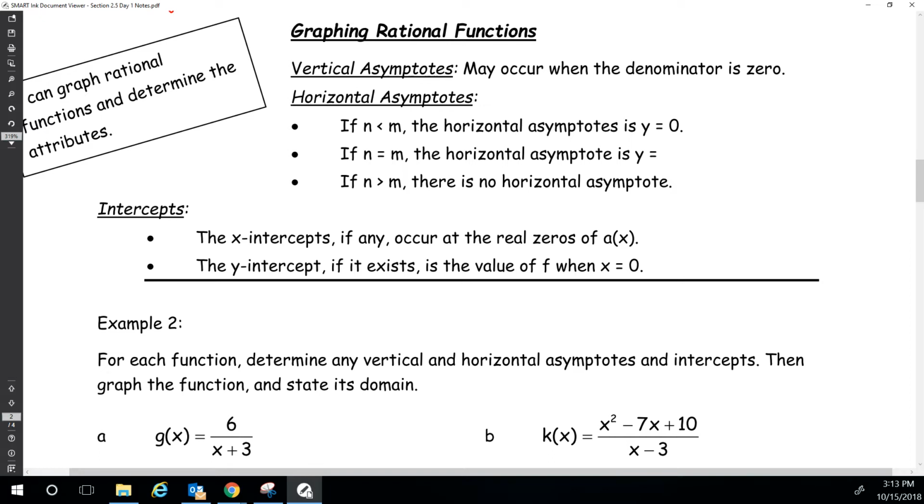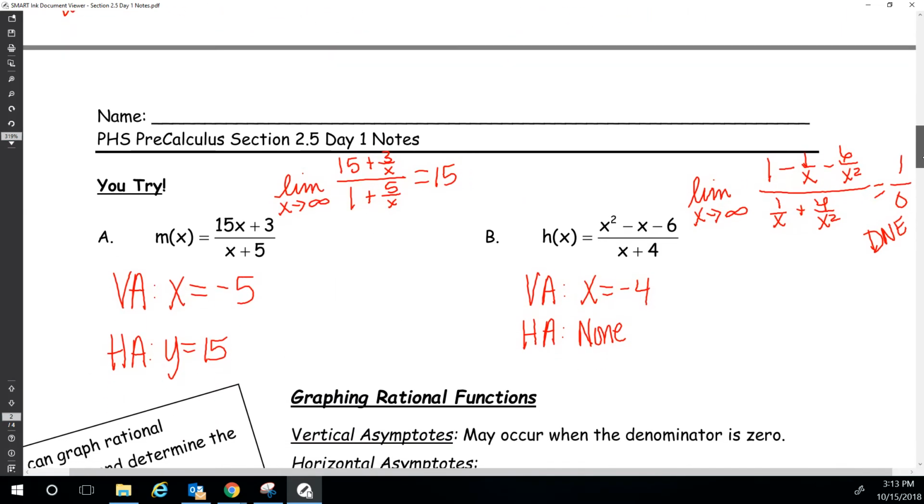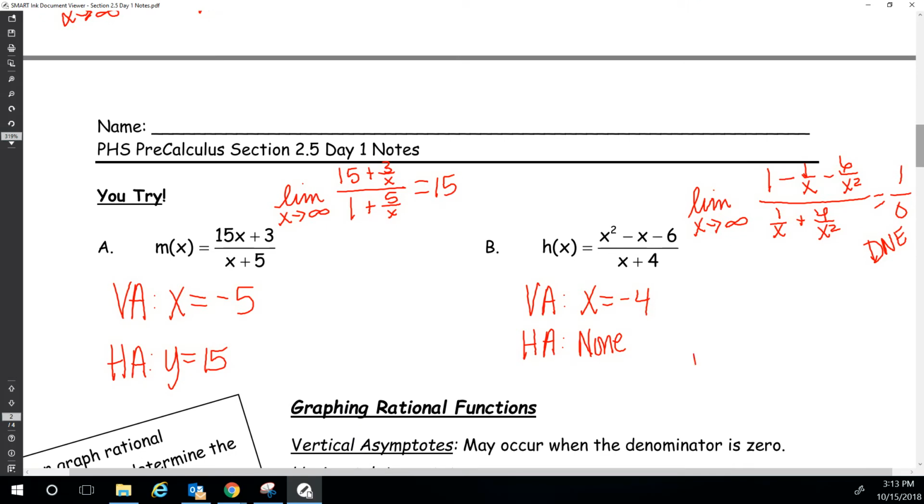If n is less than m, the horizontal asymptote is y equals 0. So first of all, what is n and m? Going back and looking at this guy, n is the degree of your numerator. So for this one, n would be 2.